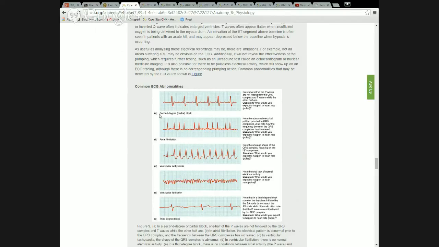This is called second degree or a partial blockage. And what we see here is a P wave with nothing after it. Then we see another P wave, QRS complex, T wave, P wave, QRS, T, P, QRS, T. Wait, what am I missing here?